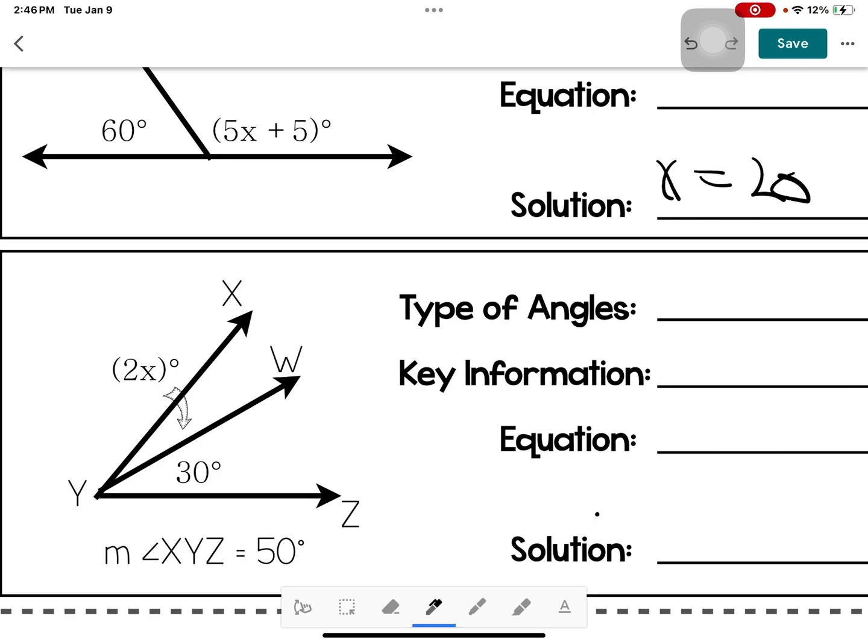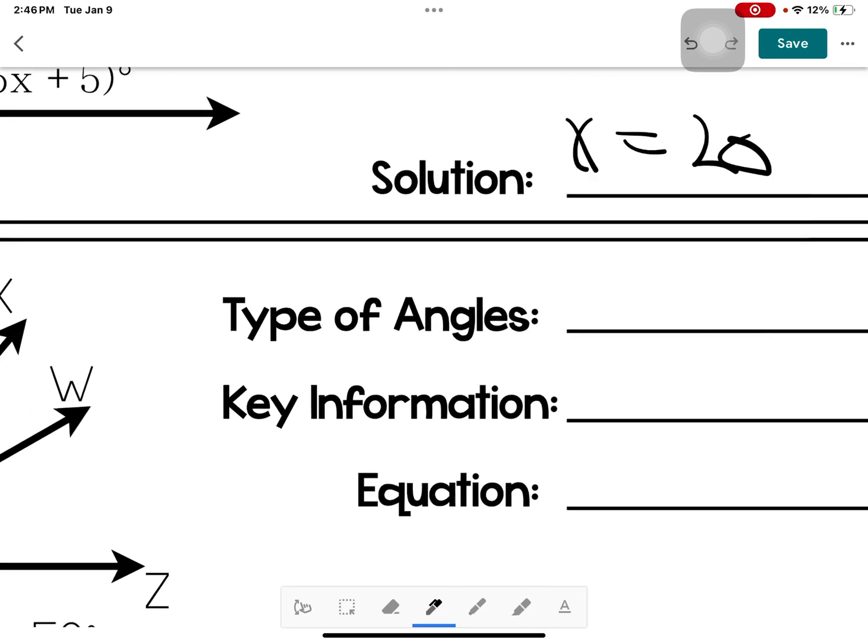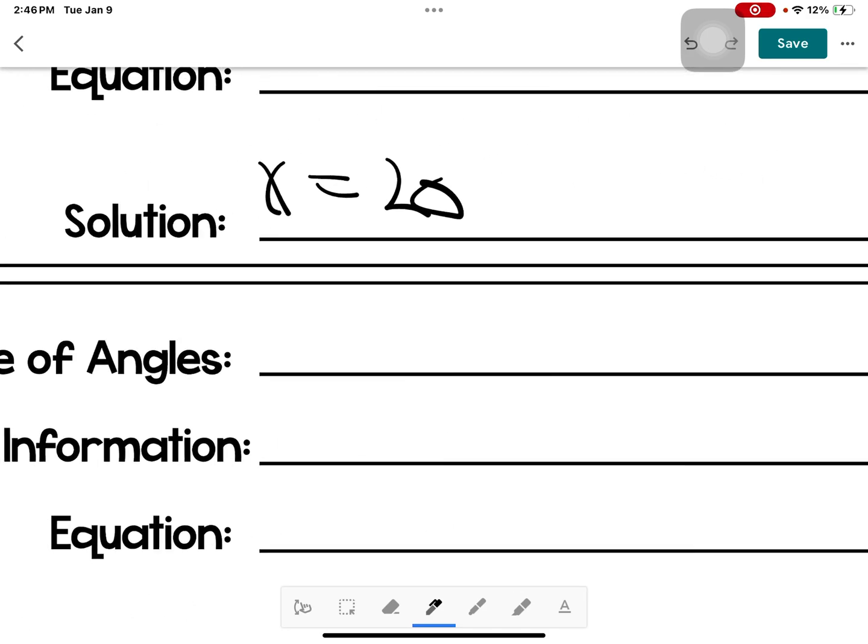That means if I follow my pen, I go X to Y to Z. It means this whole thing is equal to 50. That's really important to understand, because that whole thing is 50.